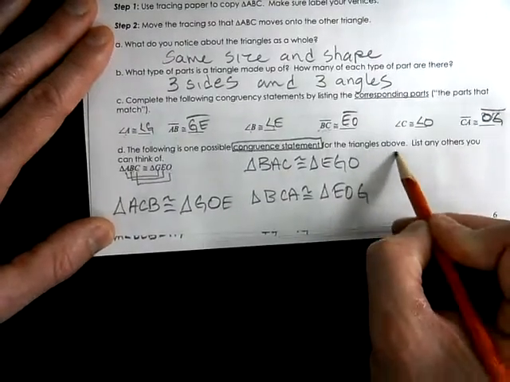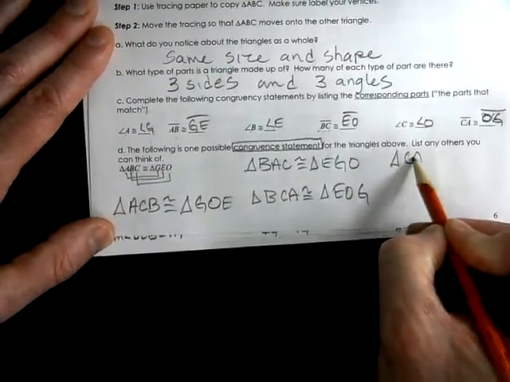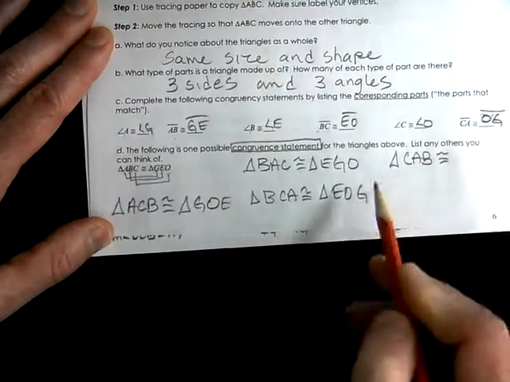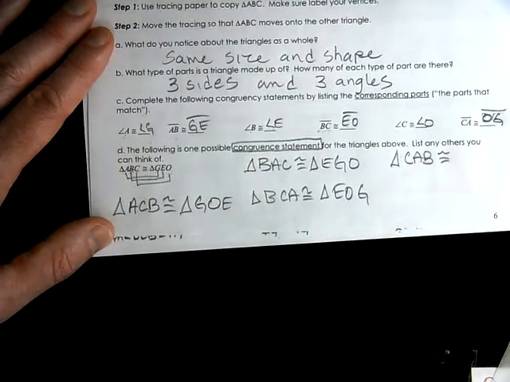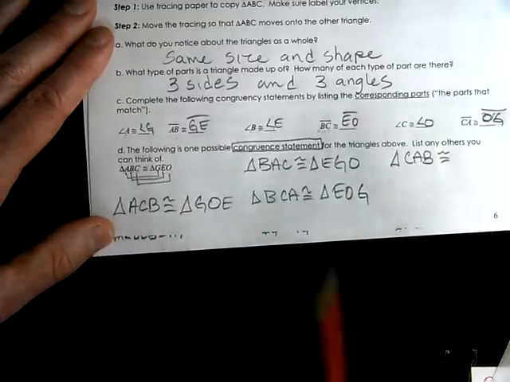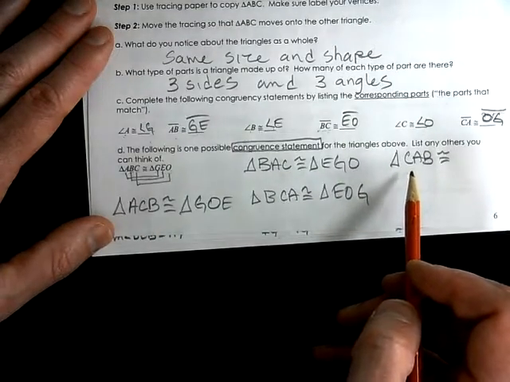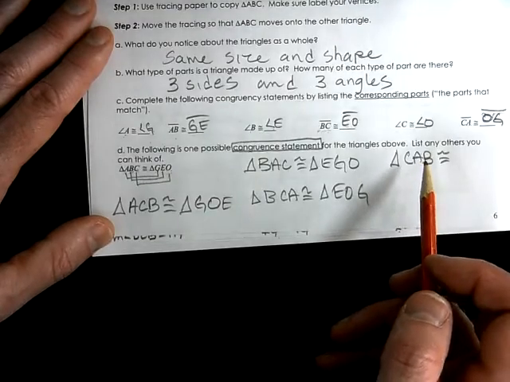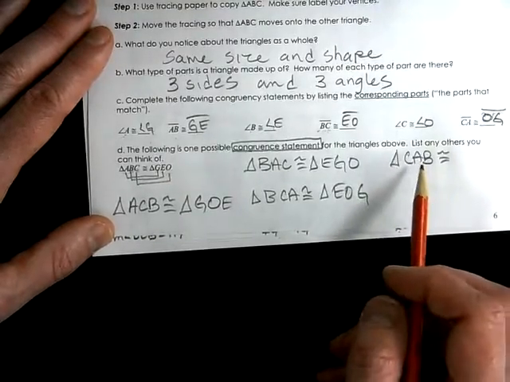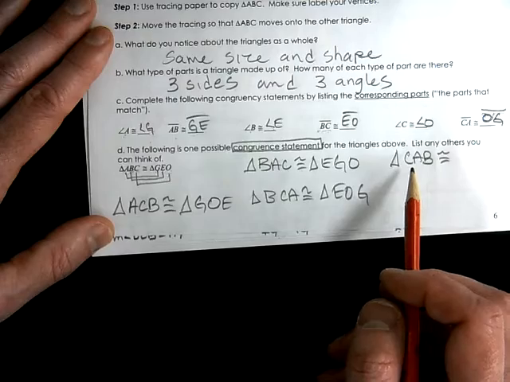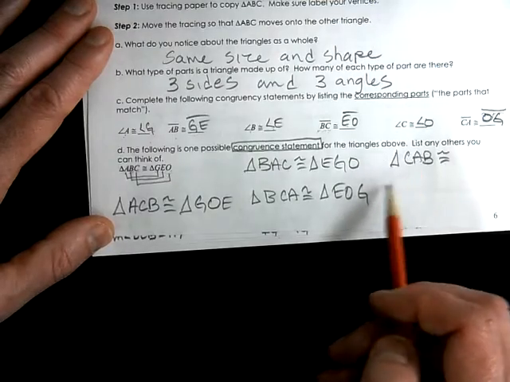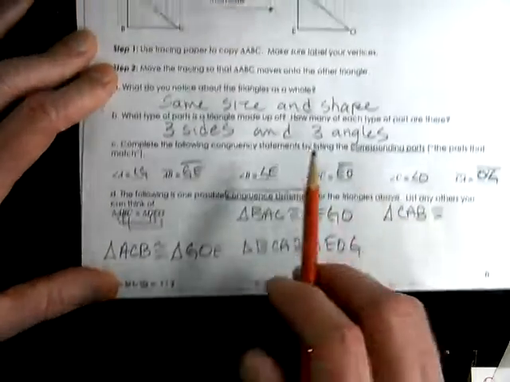So what this is showing you is that the order of the letters of the first triangle can be in any pattern that you like. What's cool about a triangle is you can't name it incorrectly. You can name a square incorrectly, but you can't name a triangle incorrectly. You have to go around a figure.